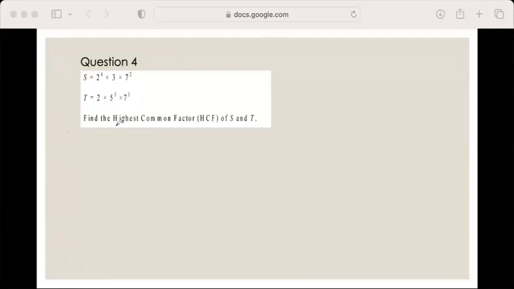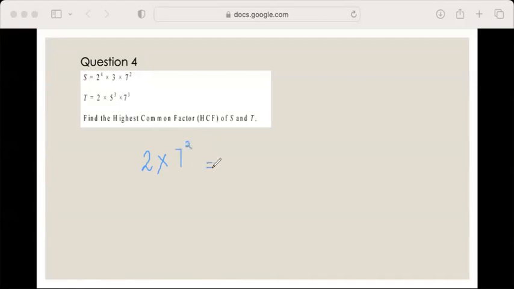So lowest of 2 is 2. And lowest of 3, here 1, here 0, so we can't take 3. Lowest of 5, there is no 5 here, so we can't take 5 as well. And lowest of 7 is 7 squared and 7 cubed, so 7 squared is the lowest.